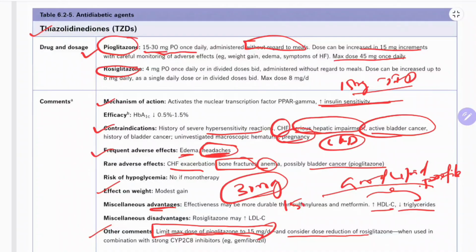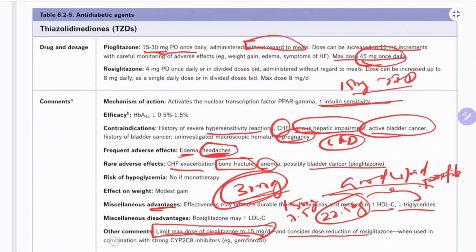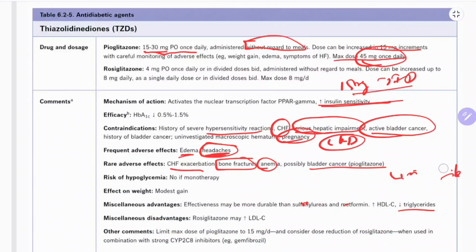Always limit the dose to 15 mg, or maximum you can add 7.5 to this, 22.5 mg. Theoretically 45 mg is given, but if you move to 30 mg, the patient will definitely come with peripheral edema or breathlessness because of volume overload.